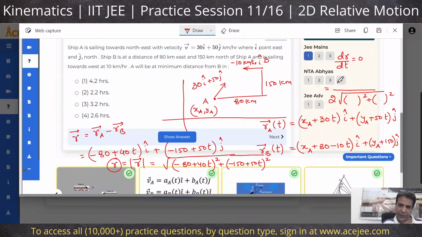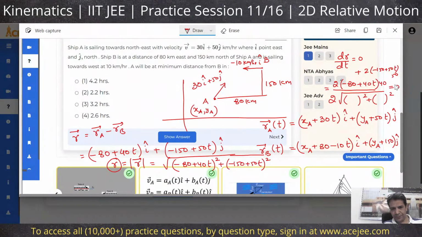Now we differentiate what we have inside the square root. So we'll get 2 into (minus 80 plus 40t) into 40, plus 2 into (minus 150 plus 50t) into 50, and equate that to 0.